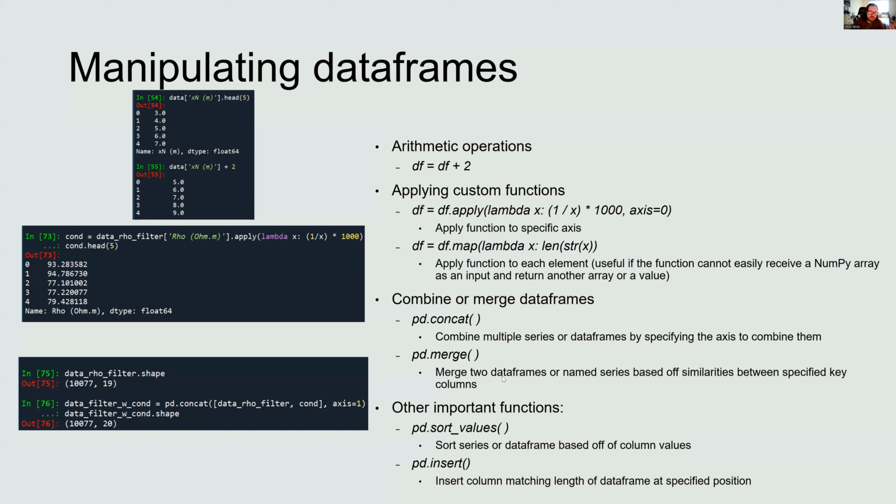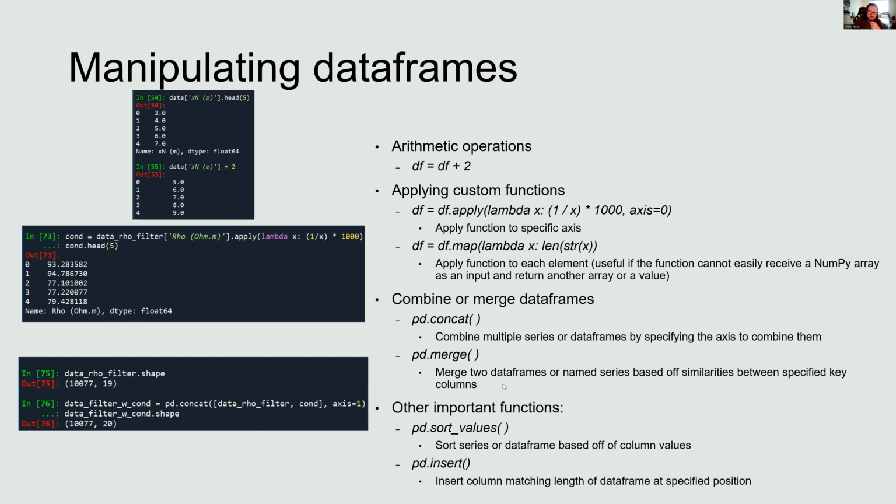You can also combine or merge. You have pd.concat, where you specify what data frames or series you want to combine together, and whether you want to combine them based off of their rows, which would be axis equals 0, or by their columns.